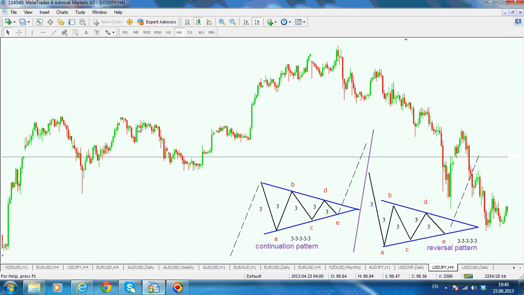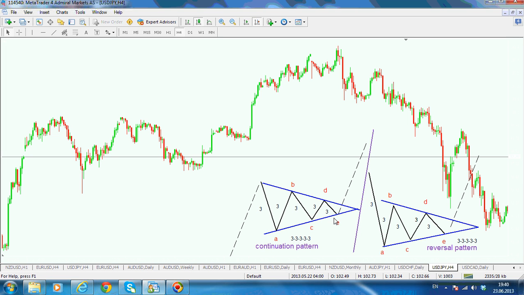As you can see here, this is a classical interpretation, the classical image and picture that you will see when studying books on trading, on Elliott Wave analysis, Elliott Wave theory. A, B, C, D is the classical picture. As you can see, the longest wave is the A wave, and all the waves to follow should be smaller than the previous one.